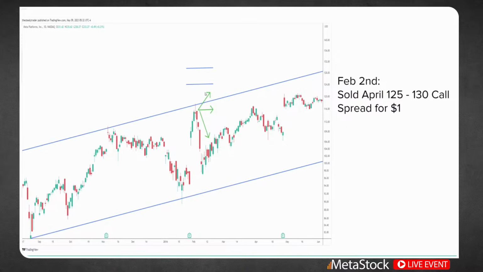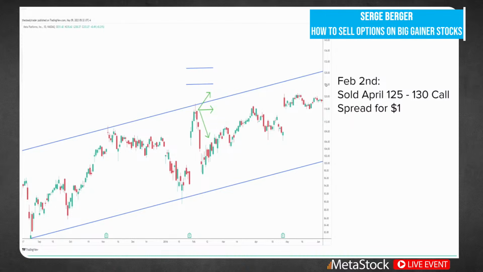So in this case, we sold an options spread, as it's called. We sold an option here at the 125 strike. We bought an option at 130, and we actually received money up front, $100 per contract, or $1,000 with 10 options contracts. Well, in this case, you can see that the stock actually did go down. And I'll show you examples in a minute where the stock didn't go down and we made just as much money.